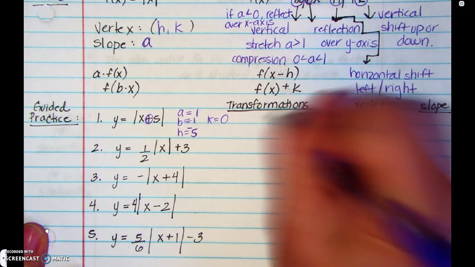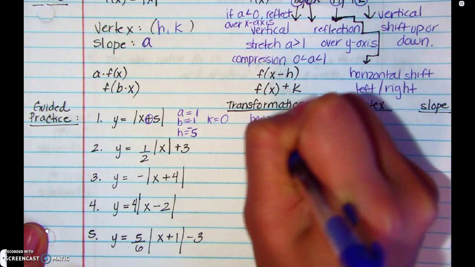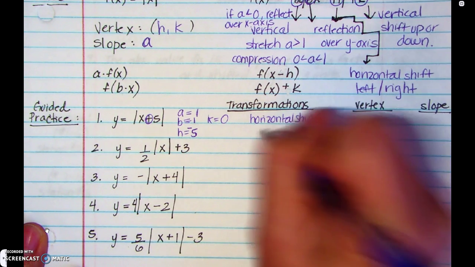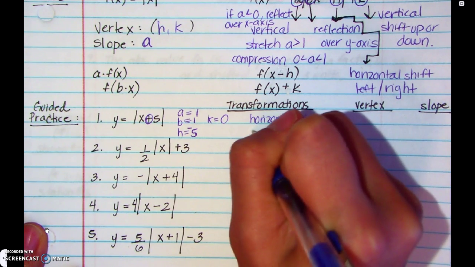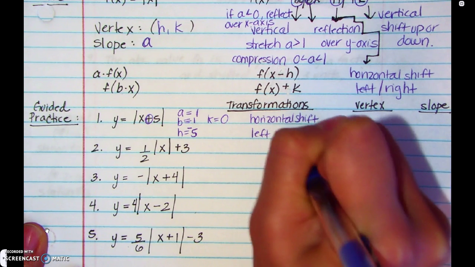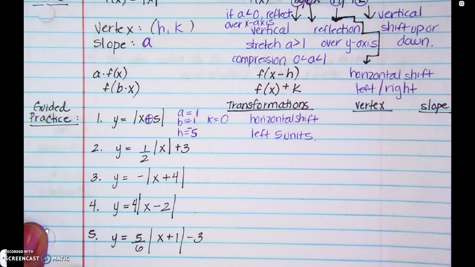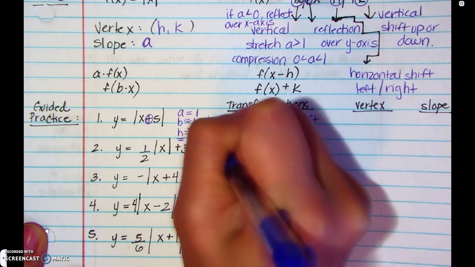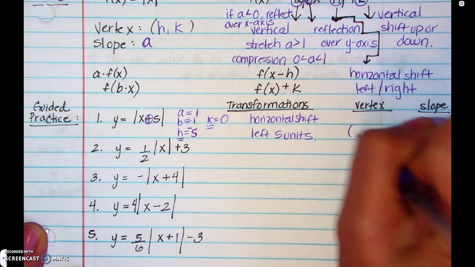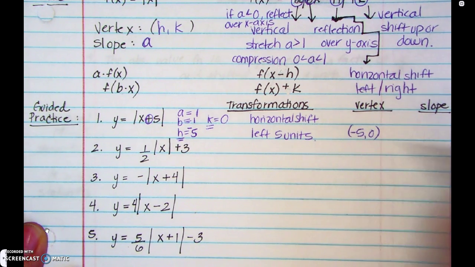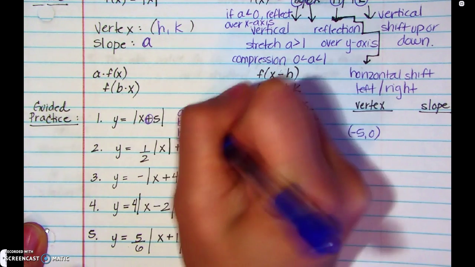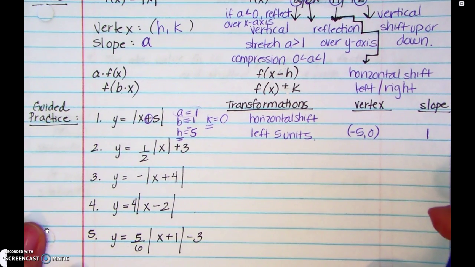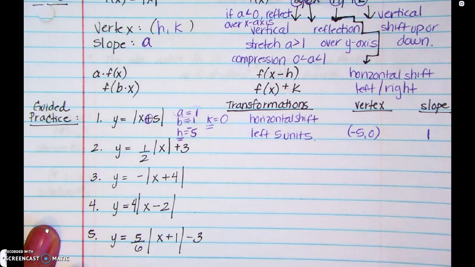The only transformation here is a horizontal shift. Which direction? Left or right? It's going to go to the left 5 units. Okay, the vertex is our H and our K. So our vertex is going to be -5, comma, 0. And then your slope is 1. Easy? I think so. Okay, let's look at number 2.